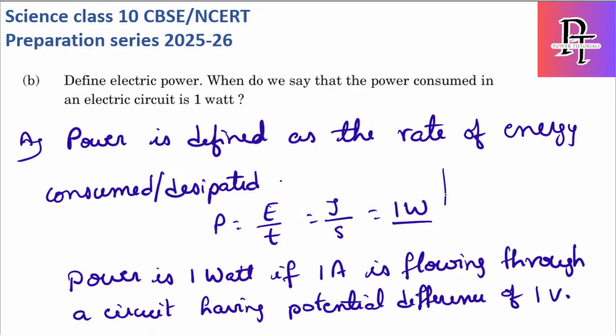I am writing this here itself. So 1 watt is nothing but 1 ampere into 1 volt.